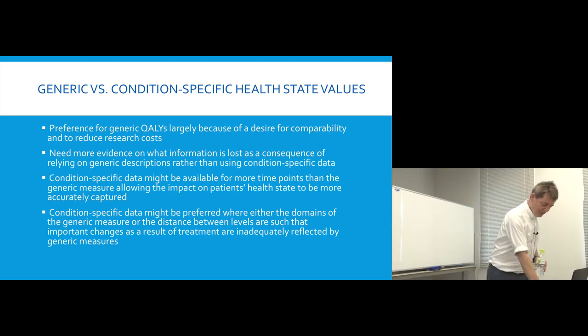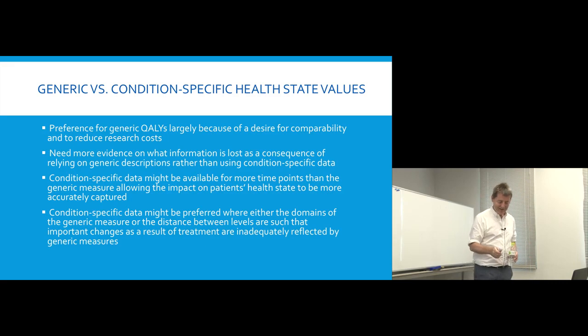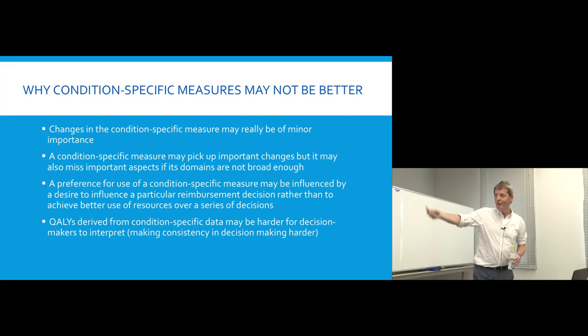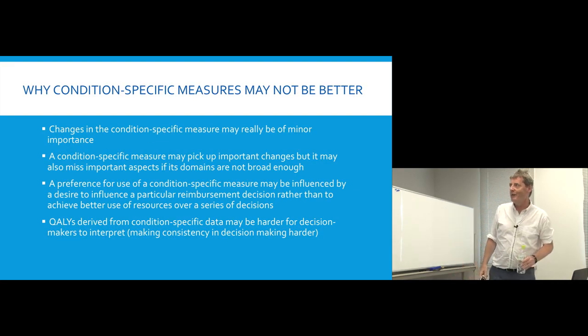And so while I'm embracing generic preference-based measures, I wouldn't try and argue that across the board they're better. I just think on balance it might be better working with them rather than moving to condition-specific. A few reasons here why condition-specific may not be better.